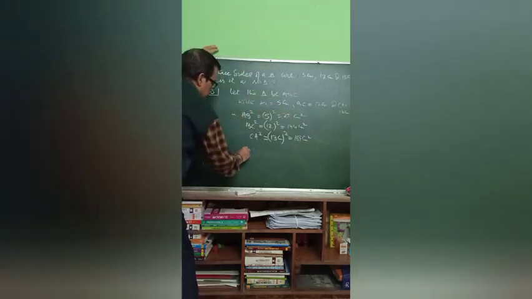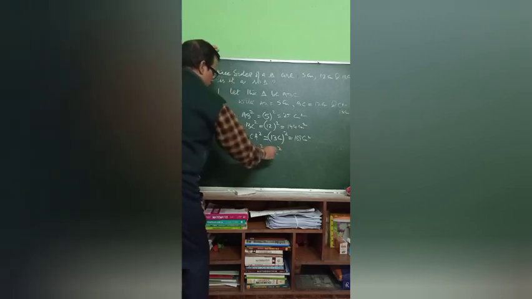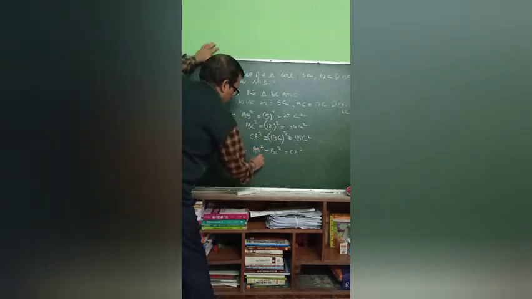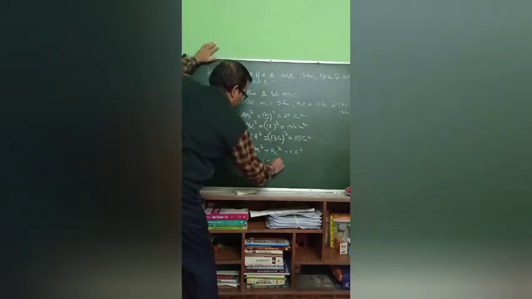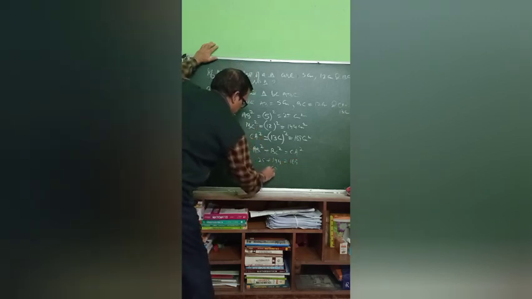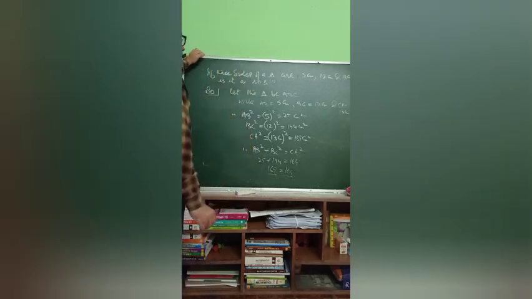Therefore, AB square plus BC square is equal to CA square, because 25 plus 144 is equal to 169. 169 is equal to 169. Yes, this is a right triangle.